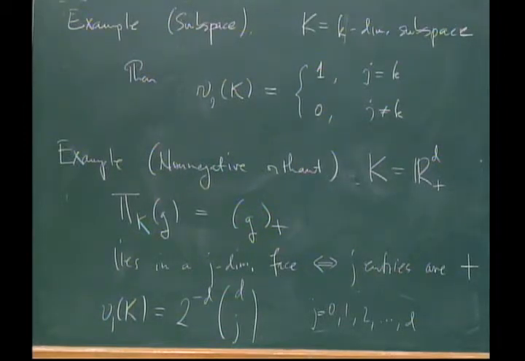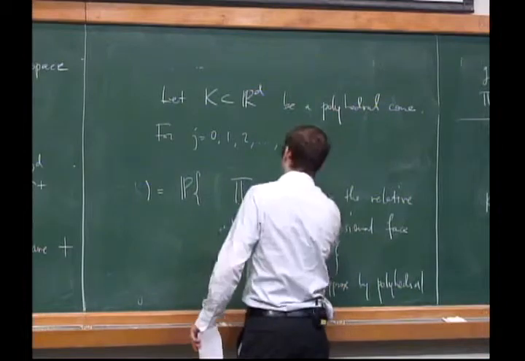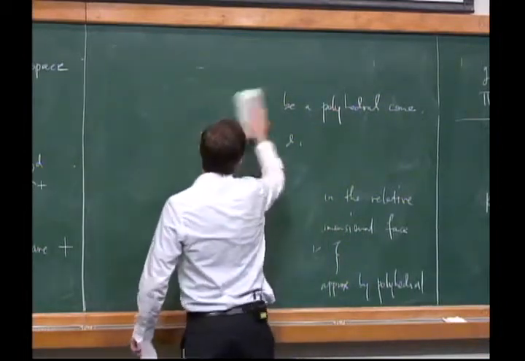Because the examples where we can compute all of these numbers, especially in a form that's comprehensible, form a very small measure in the set of all convex cones. So we're going to need to work a little bit harder if we want to use the Crofton formula.